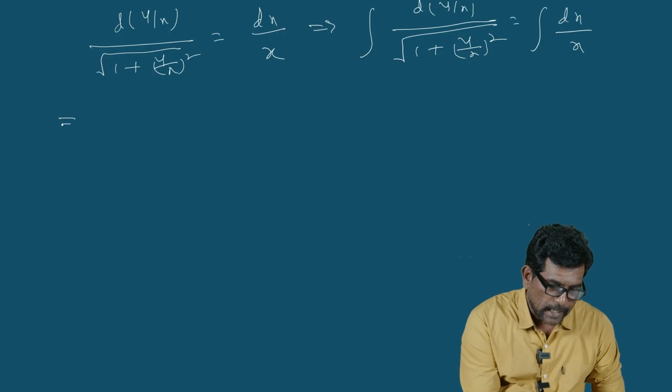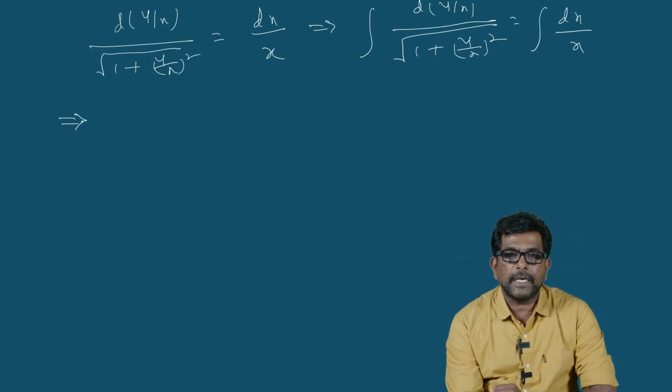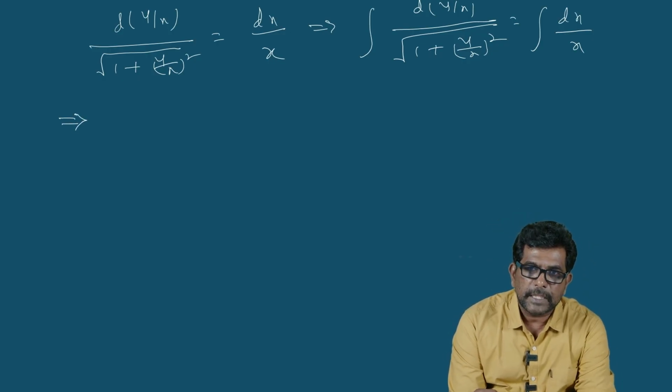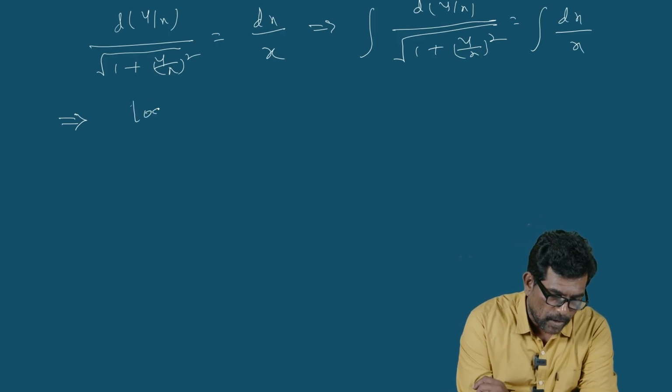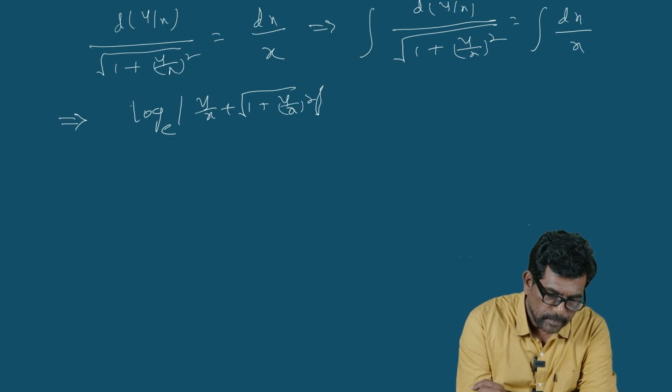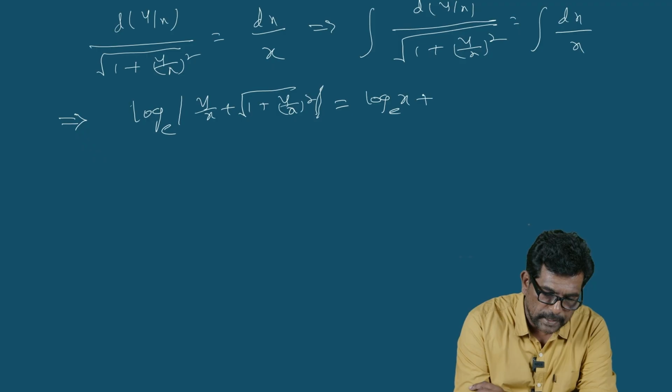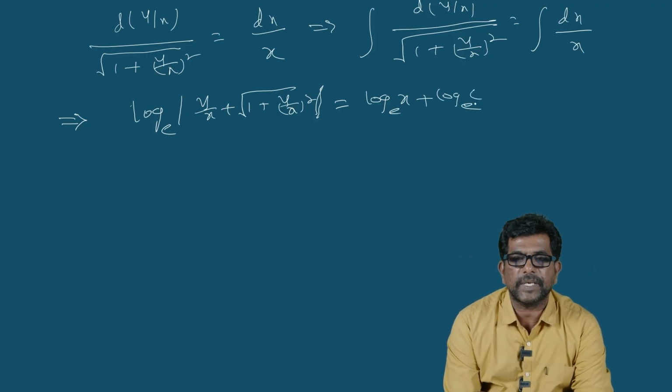Now directly it is a formula. Integral of d(y/x) by square root of (1 + (y/x)^2) is log of mod (y/x + square root of (1 + (y/x)^2)) to the base e is equal to log x to the base e plus log c to the base e, where c is the constant of integration.